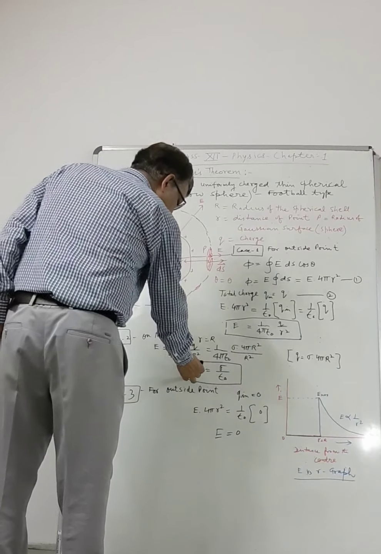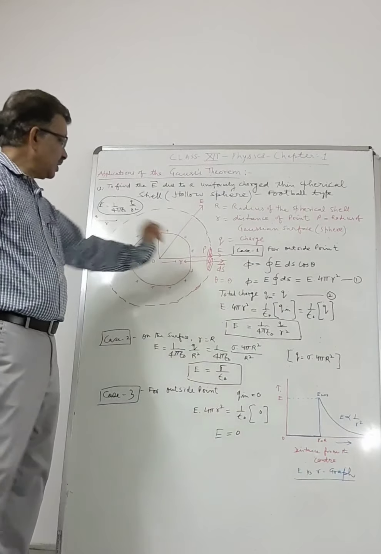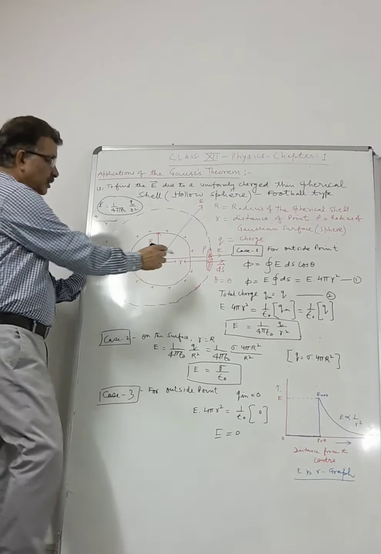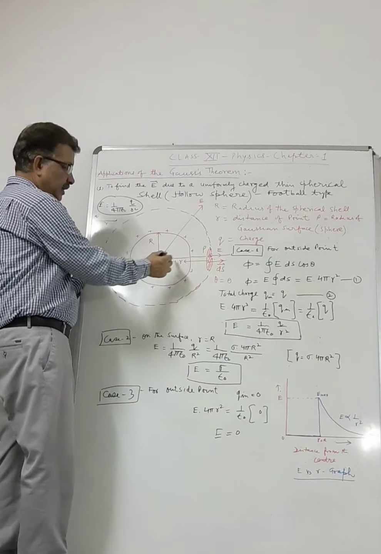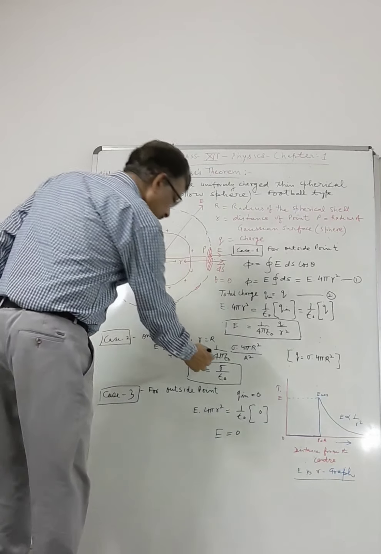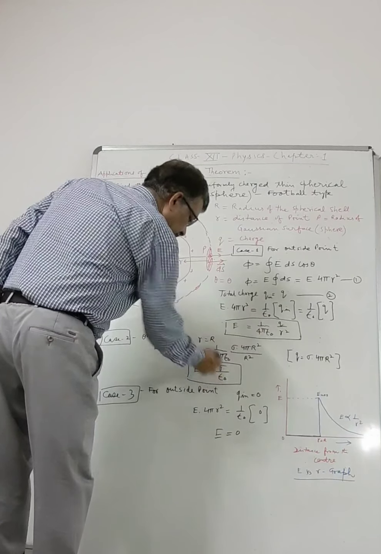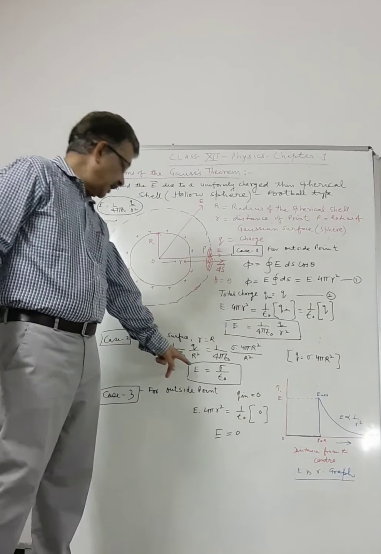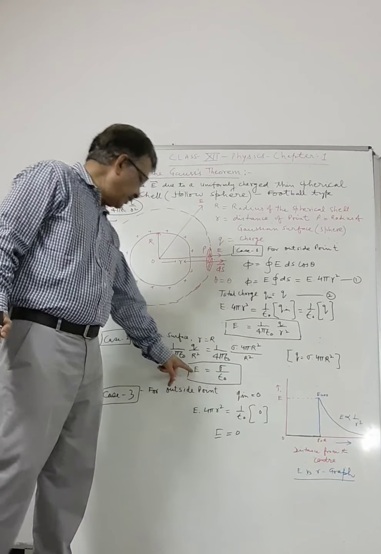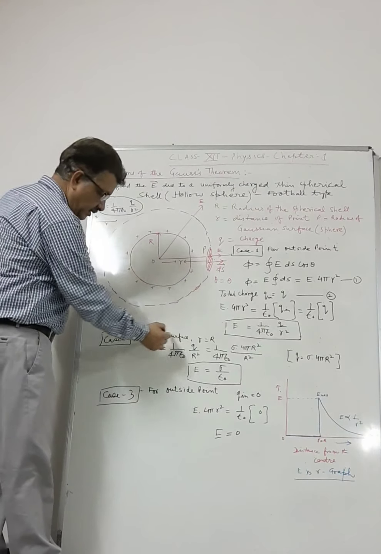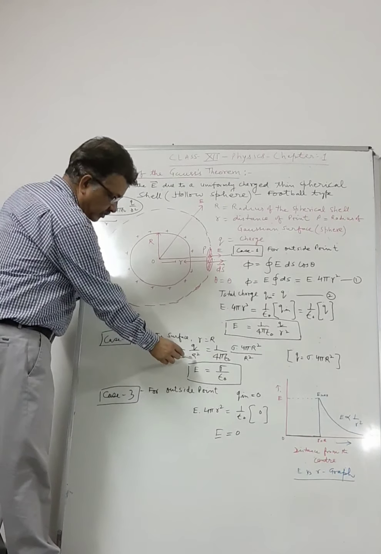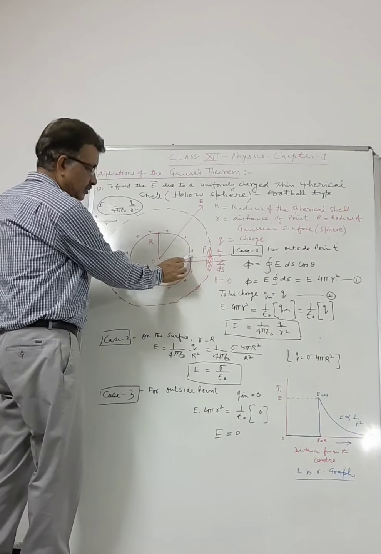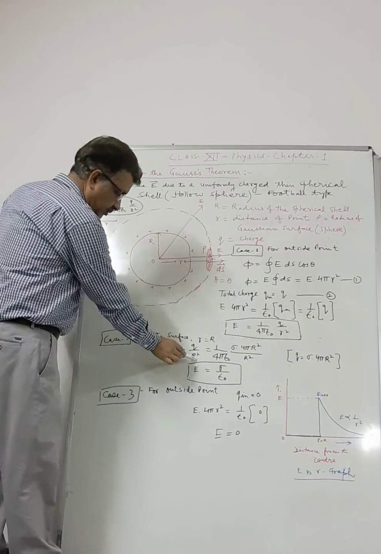So the value of the electric field intensity on the periphery of the spherical shell of radius capital R will be sigma by epsilon naught, where sigma is the surface charge density. And the value of this E will be maximum, as we can easily see from this expression, because R is minimum here, so this will be the maximum value.